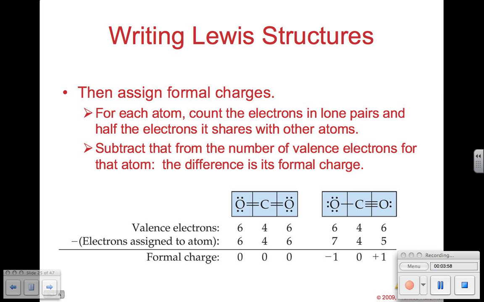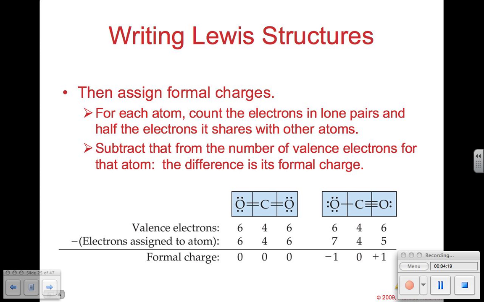To predict whether or not one electron configuration is better than another, you can assign formal charges to the different atoms and predict which one is more likely. Having a low formal charge is better than having a high formal charge.